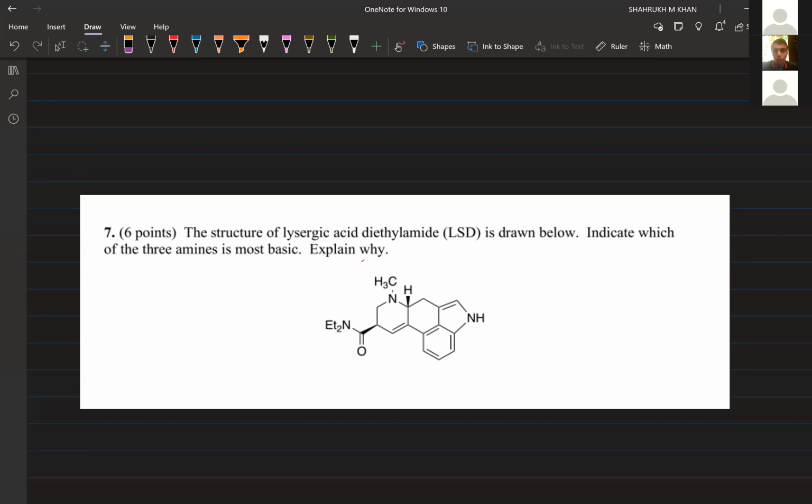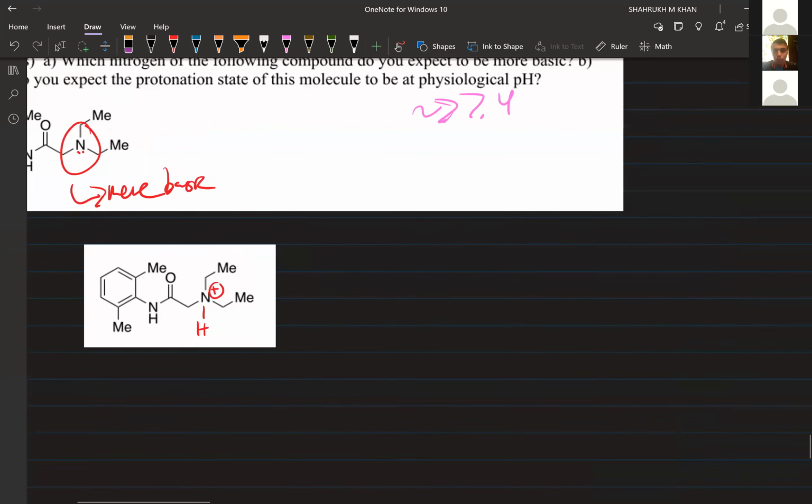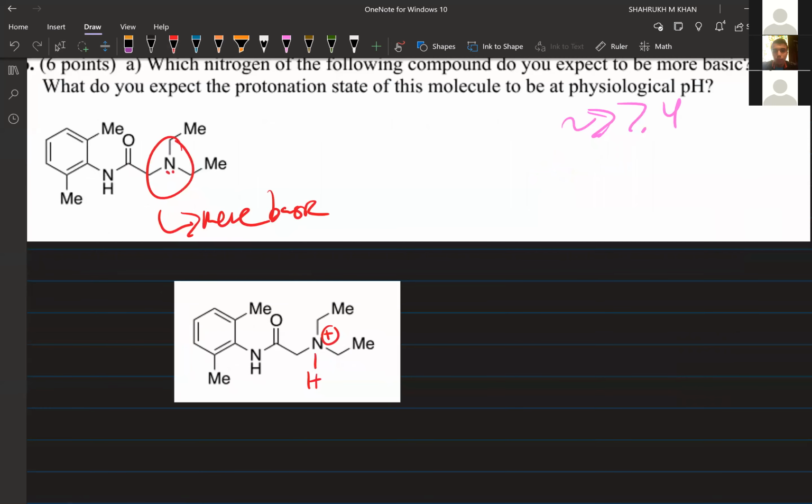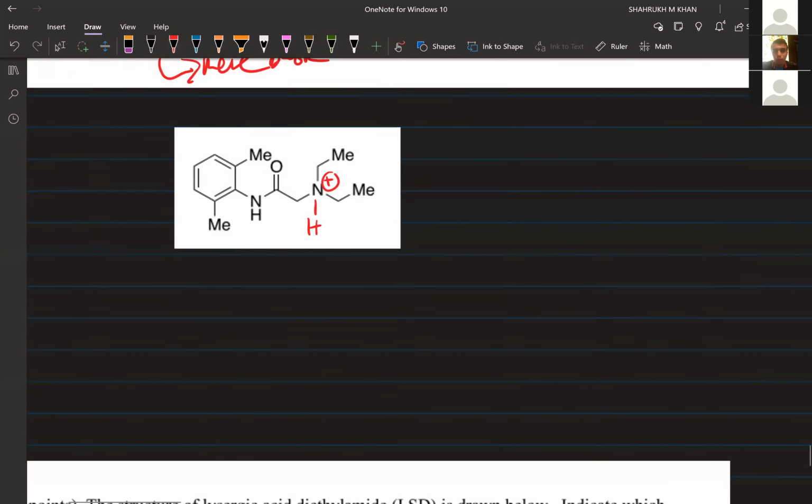So all the basic stuff will just remain neutral technically, and anything that has acidic protons on it will get deprotonated. So actually, technically, this one would become like an N minus. If you had any OH groups, they would become O minus. Carboxylic acid groups, COO minus, etc. Good point to bring up there.